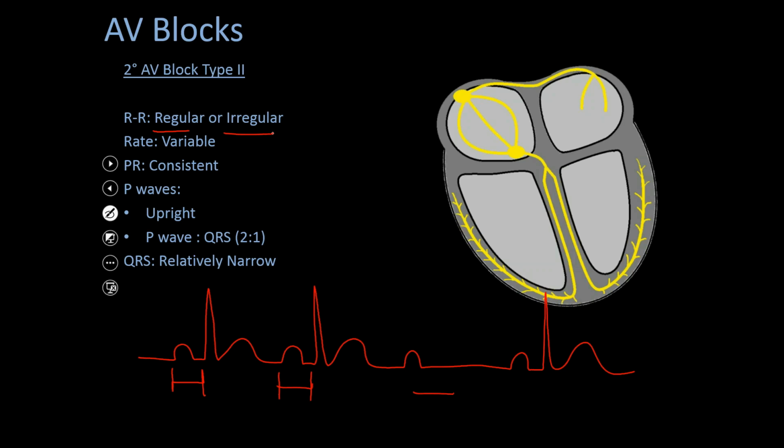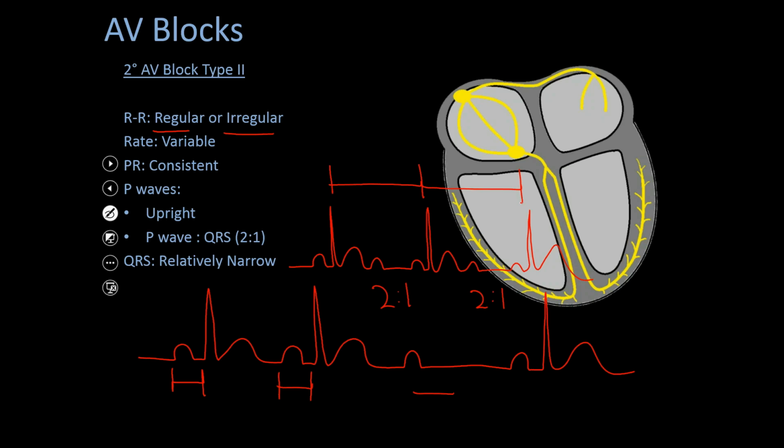In this scenario I just showed you, this is an irregular R to R. However, if you had a rhythm like this, where there was a consistent 2-to-1 AV conduction, you can see how these R to Rs are very regular.